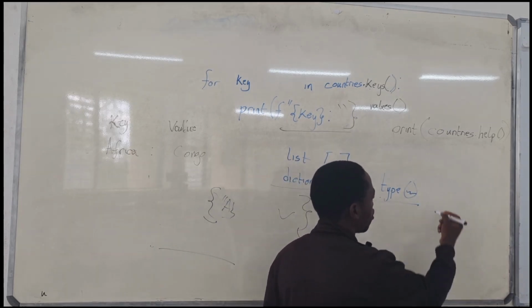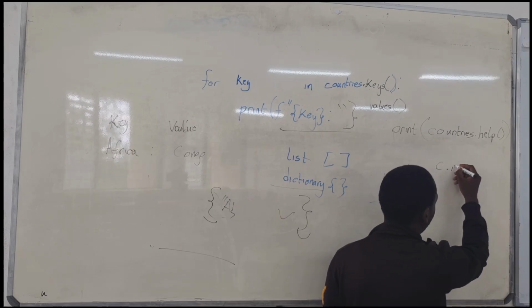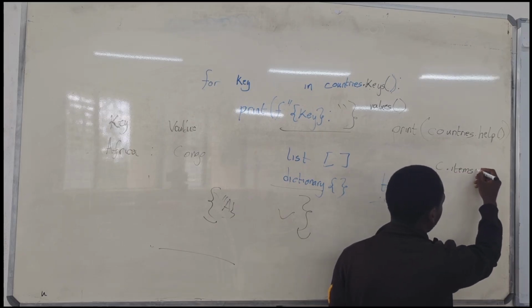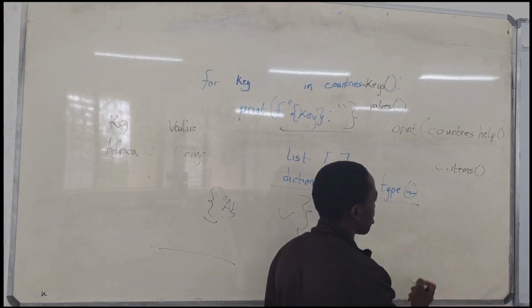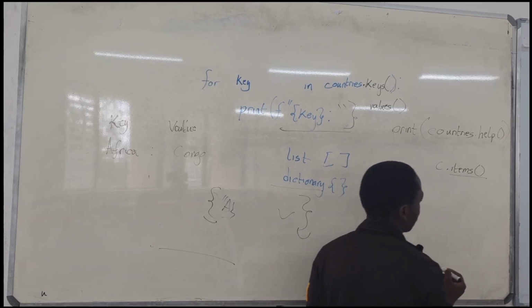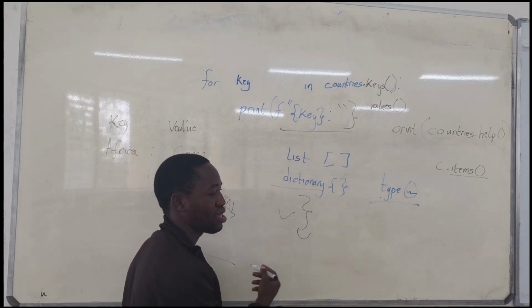The one we use mostly was the same, country.items, right? Like that. And then I was saying these items are used when you want to display both the key and the value.